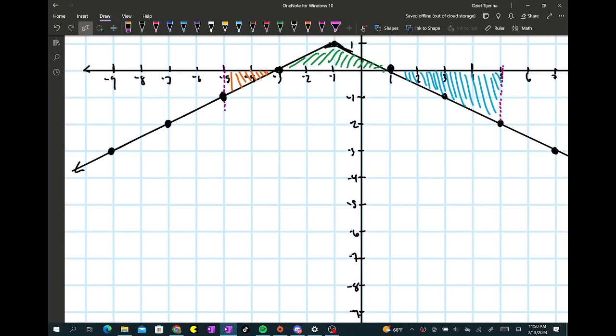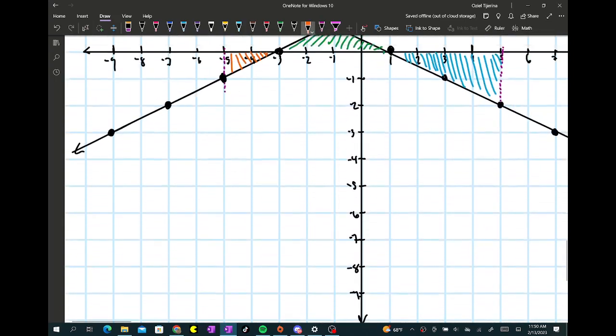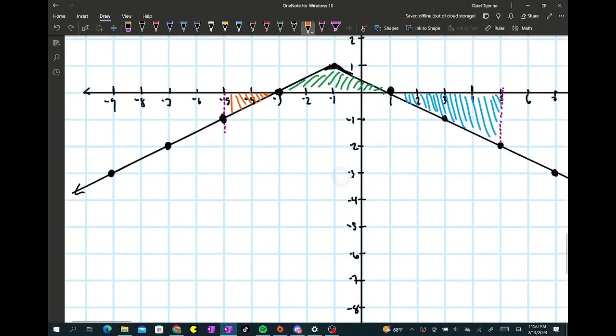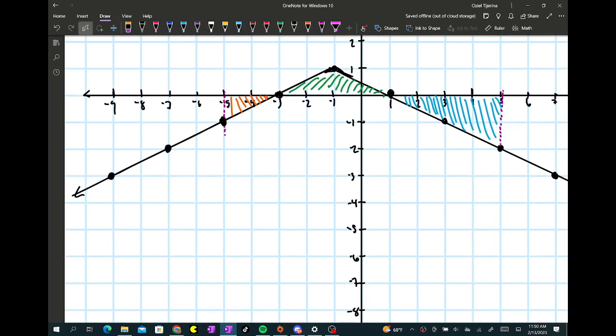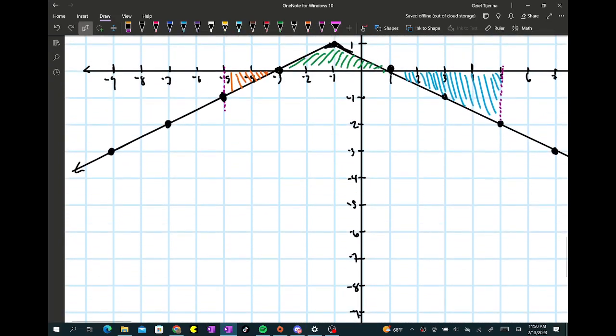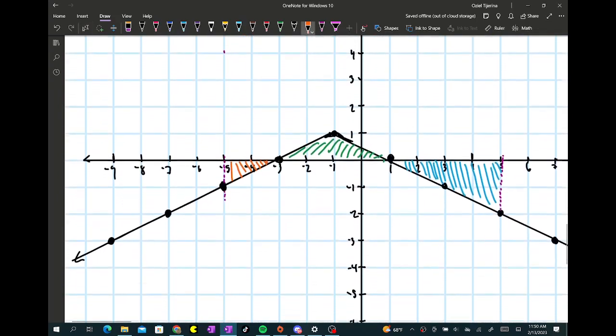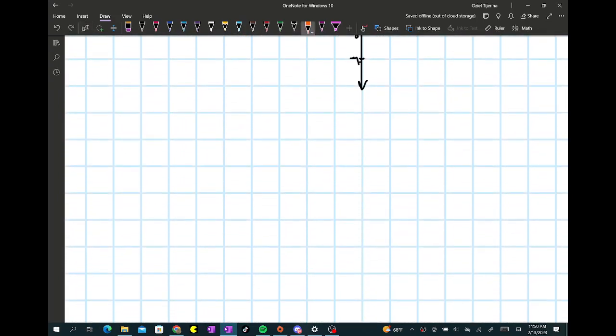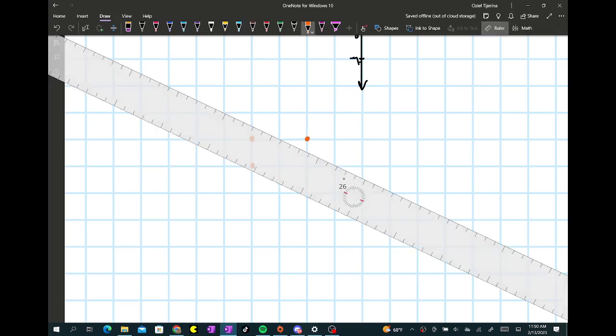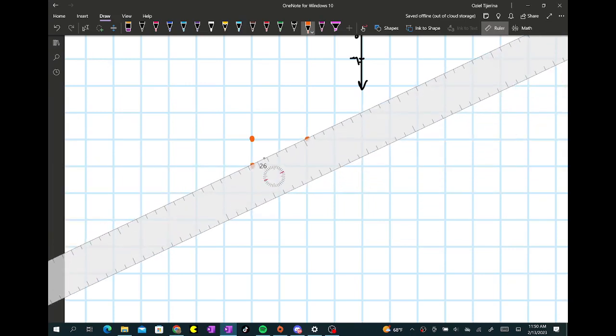So I'm going to find the area of the orange triangle. If I just copy it, there's a base of 2 and a height of 1, so it goes like this. So that's the first shape, right?